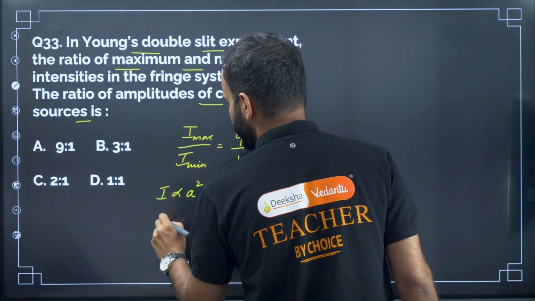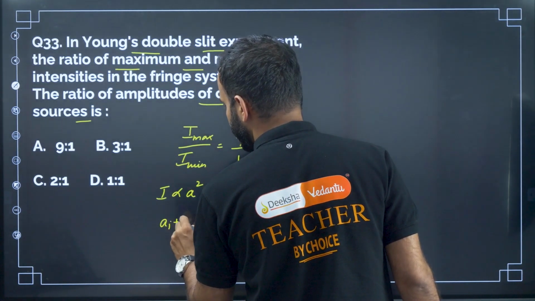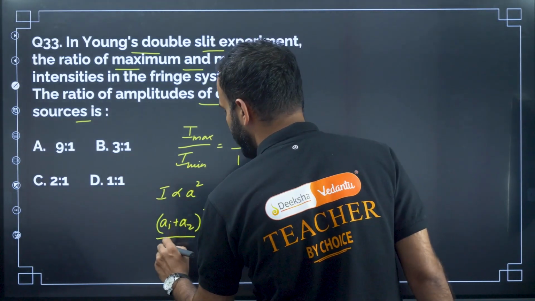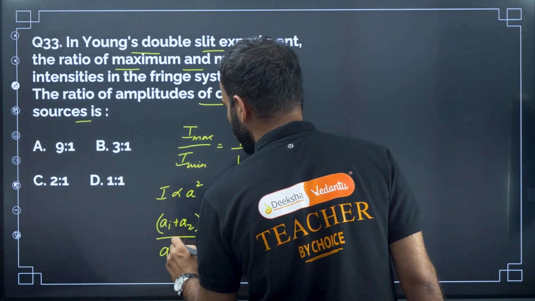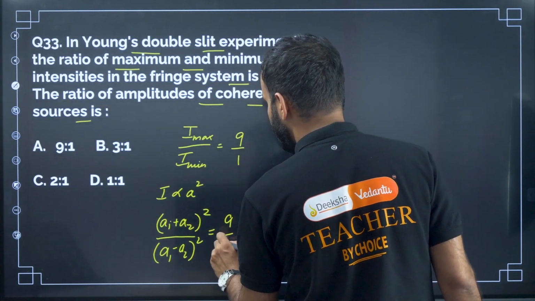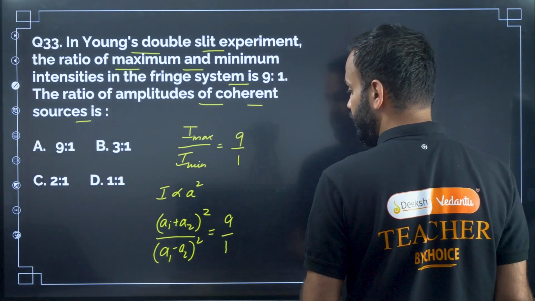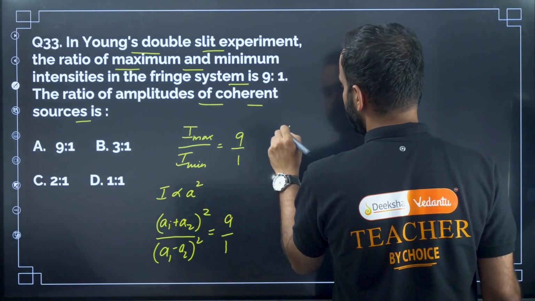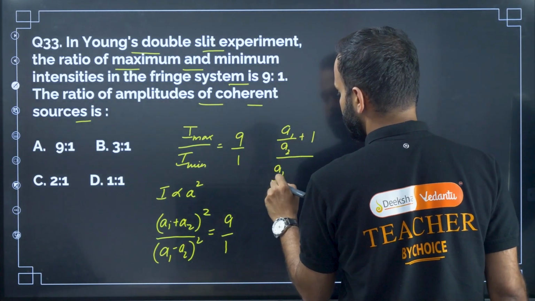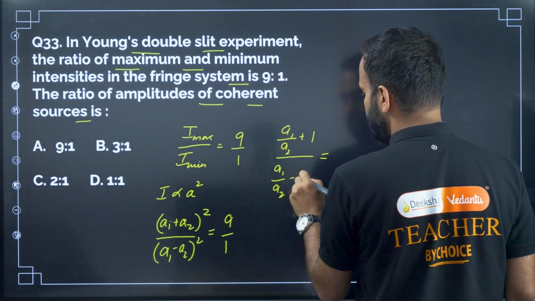So I max is A1 plus A2 whole squared, I minimum is A1 minus A2 whole squared, equal to 9 divided by 1. Now I can rewrite this as A1 plus A2 divided by A1 minus A2 is equal to 3.